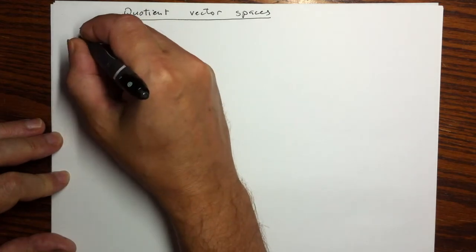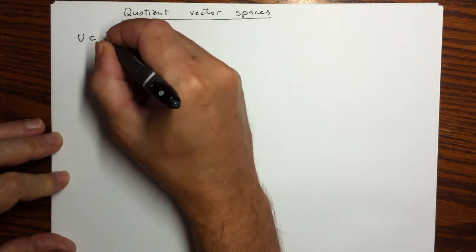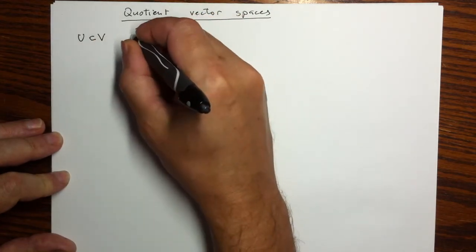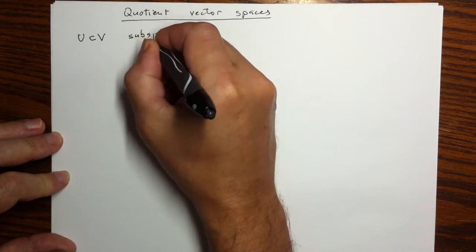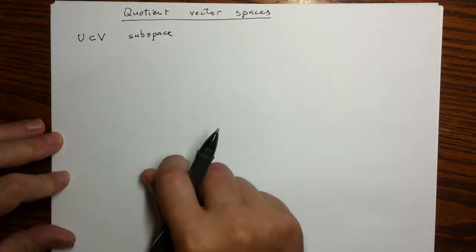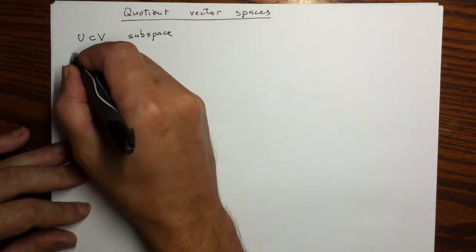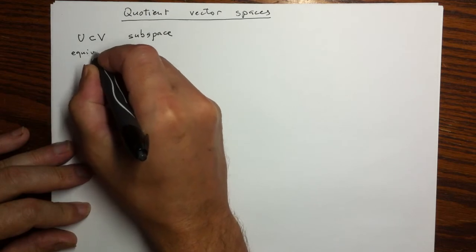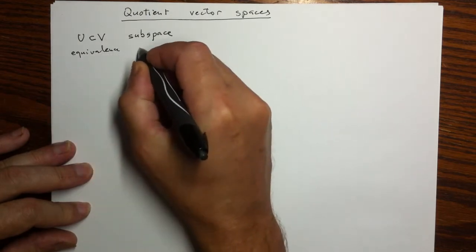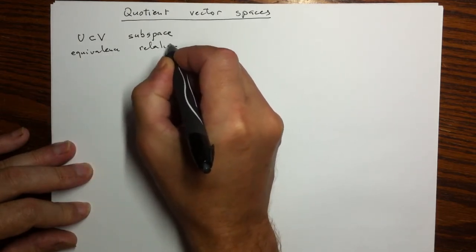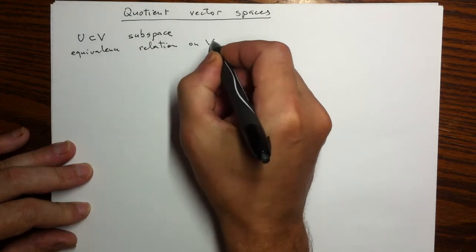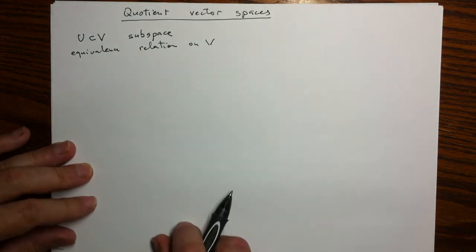So let's start with a pair, a subspace in a vector space. And with such a pair we can define an equivalence relation on the ambient vector space.